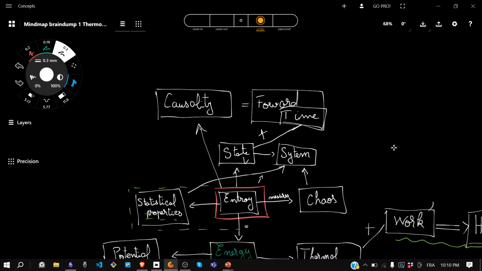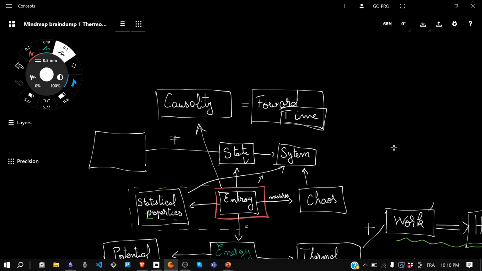Well, it's not in time. They do change in time. I think they don't change. They are not path dependent. So yeah, state variables are, so let's put it here. Are not, so I'm going to put path dependent.